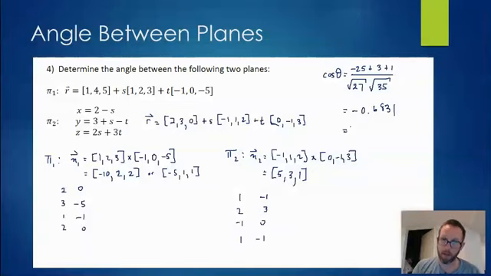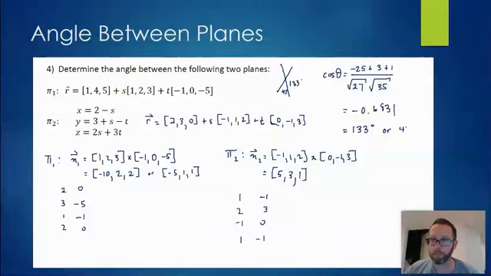Second cosine, negative 0.6831. 133 degrees, 133.1, but we'll leave it as 133. So that's the obtuse angle between the planes. It doesn't really say determine the obtuse or the acute angle. So we can say, if the obtuse angle is 133, then the other angle has to be the difference between that and 180, so 47.